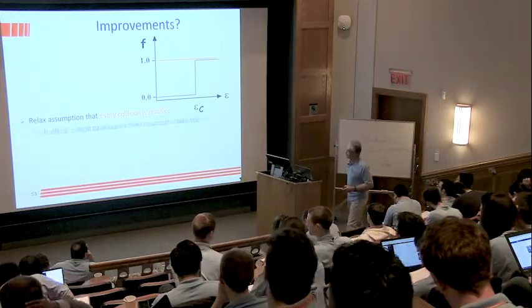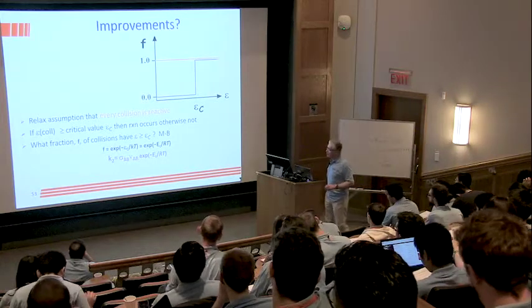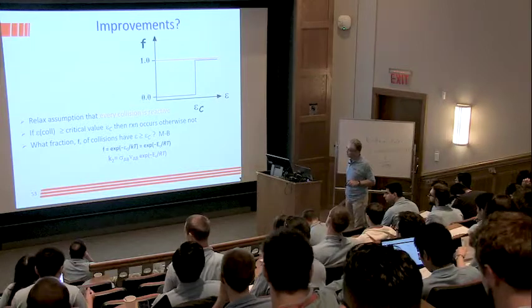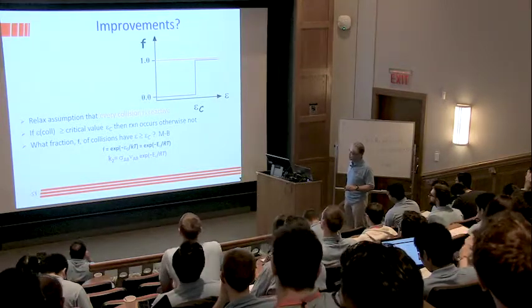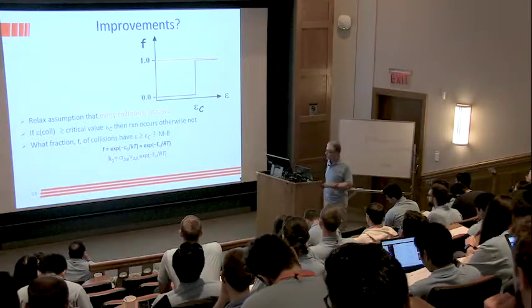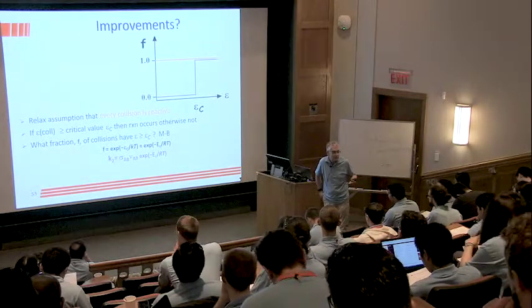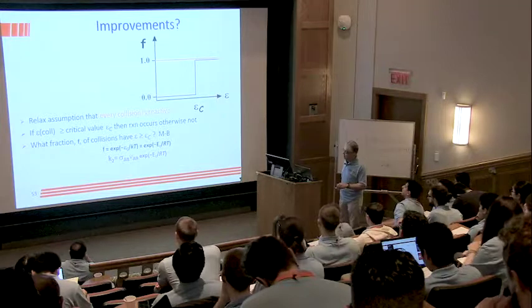Then what fraction of collisions have an energy greater than the critical energy? That again comes from Maxwell-Boltzmann. So this frequency is equal to the exponent of minus a critical energy all over kT, according to Maxwell-Boltzmann. That's on a molecular level.